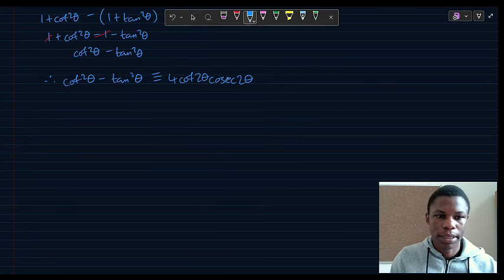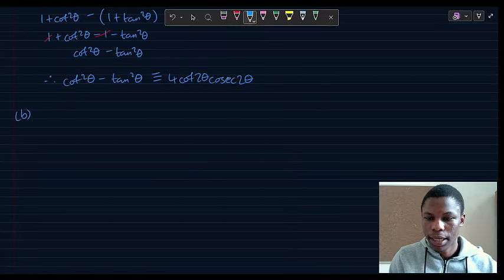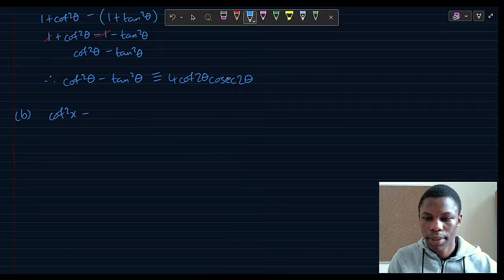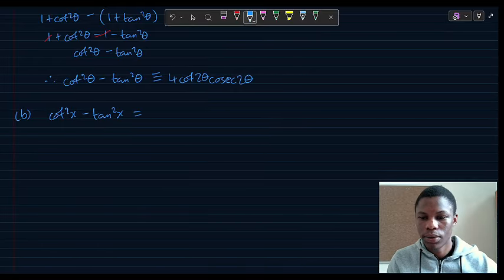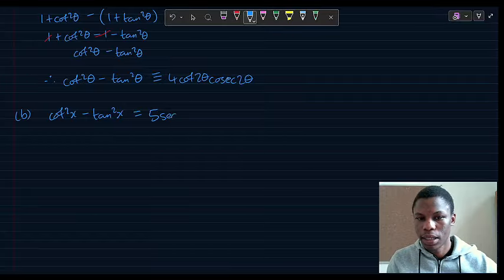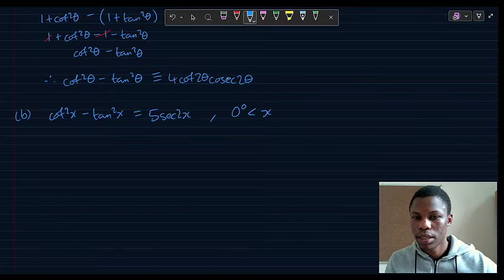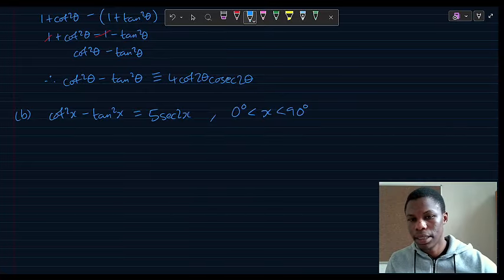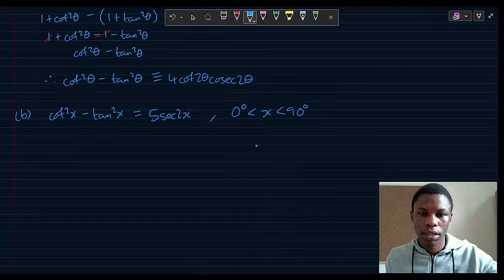Now part B says, hence solve the equation cot squared x minus tan squared x is equal to 5 sec 2x, for x between 0 degrees and 90 degrees, 4 marks.